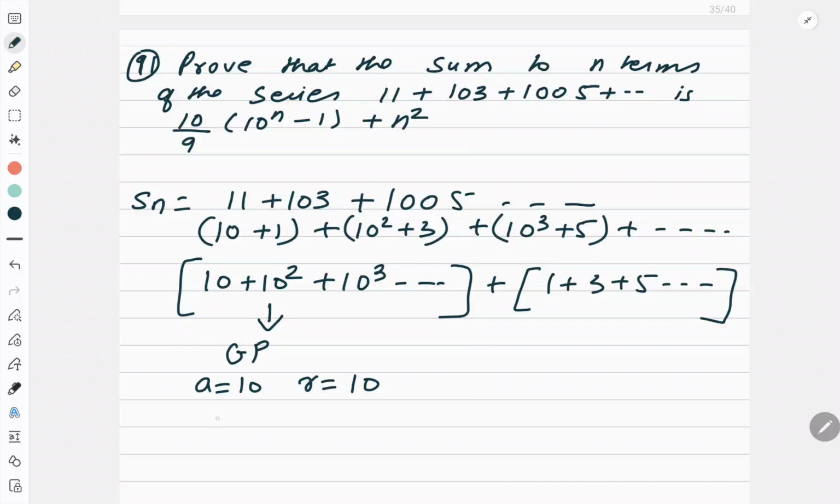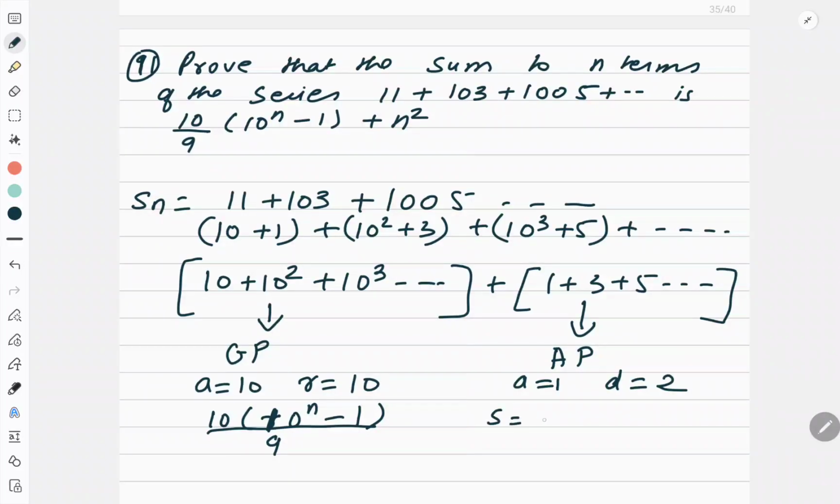Okay. And what is the sum of this type of GP? Sum of this type of GP is A times r to the power n minus 1 upon r minus 1. Okay. Now what is this? This is one AP, with A equal to 1 and common difference equal to 2. And what is the sum of an AP? N by 2 times 2A plus n minus 1 D. Correct?